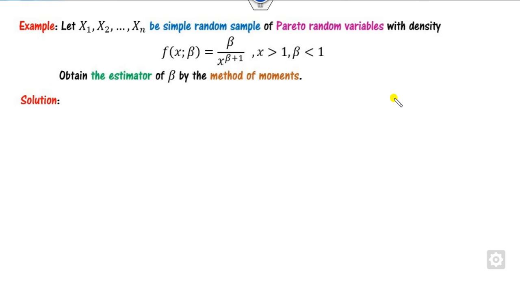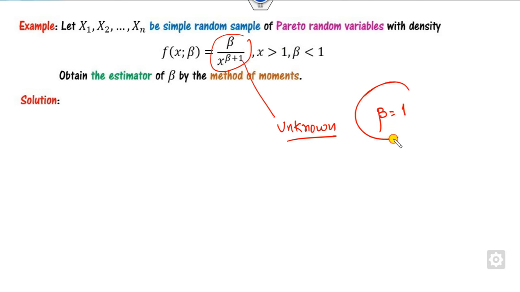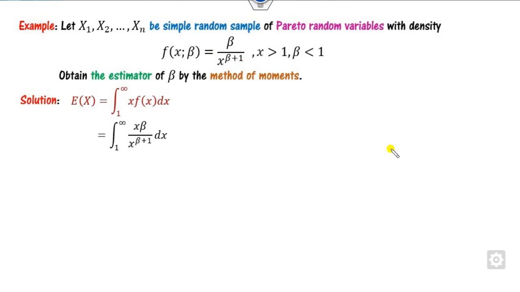Look at the last example here. Again, this is a continuous distribution. How many unknown parameters are there? The unknown parameter is only 1, that is beta. So it means we have to find the value of E of x from here. So let's start with the value of E of x. We can get this. You can see the value of beta is common, it's outside. So what is that?